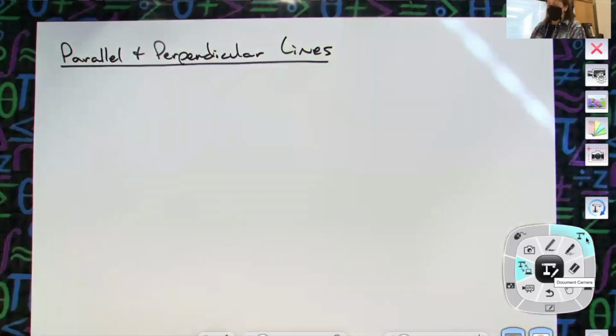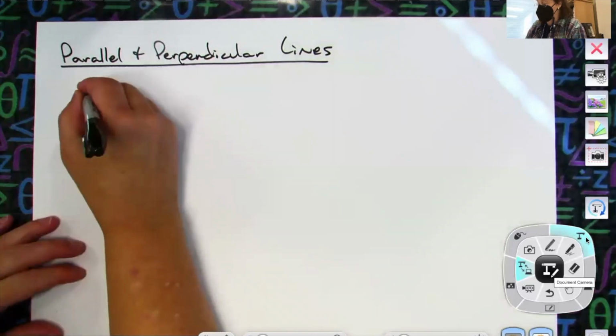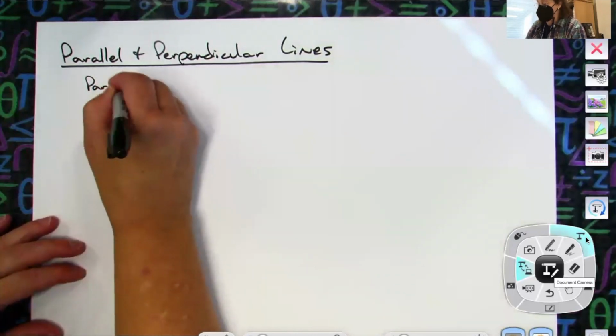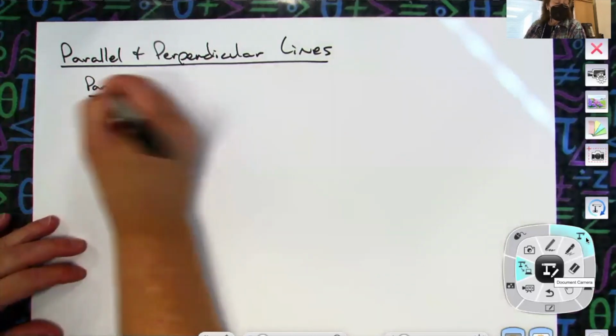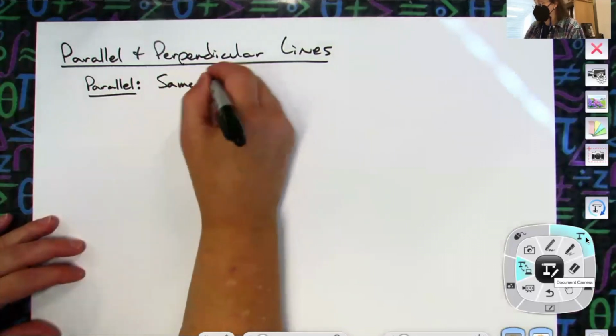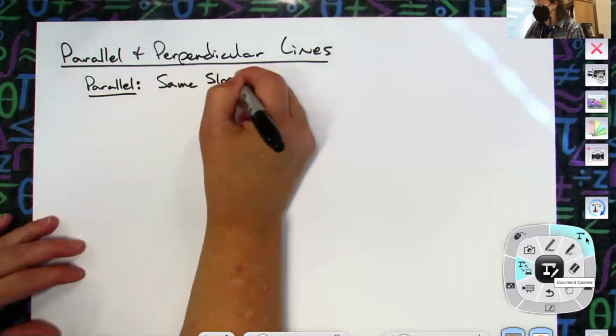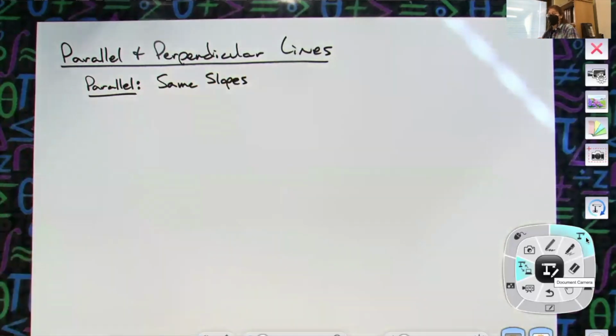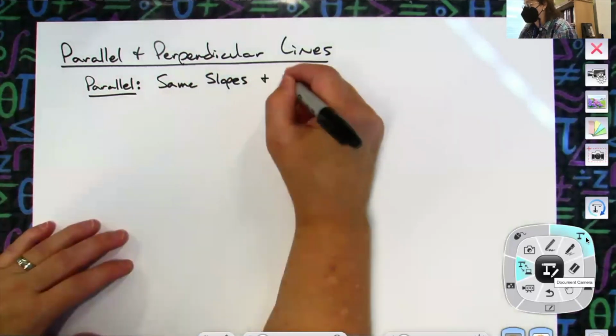So just to summarize, for parallel lines, what kind of slopes? Same slopes. If they're parallel, they have the same slopes. What can you tell me about the y-intercept? They're going to be different, right? Because one will be on top of the other one, so different y-intercepts.